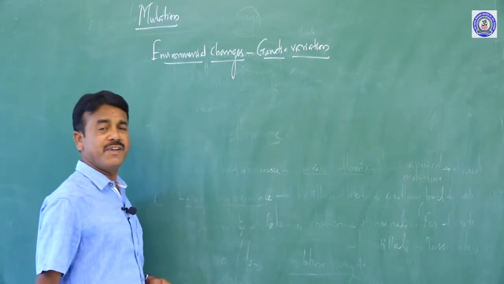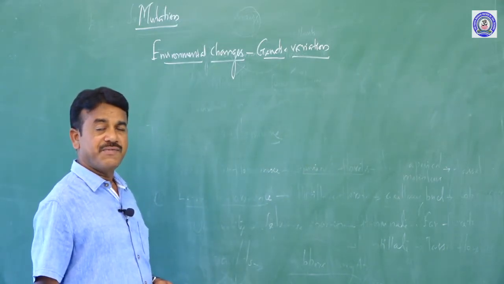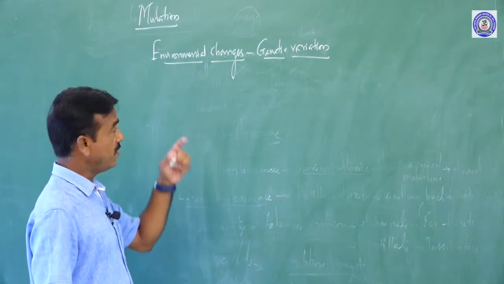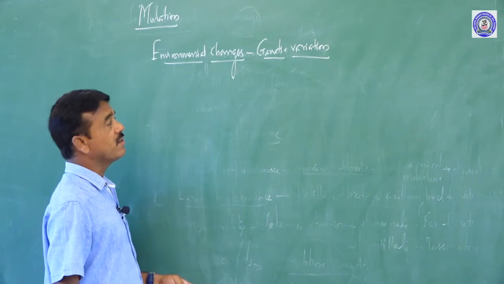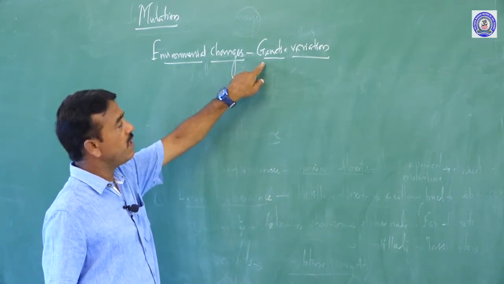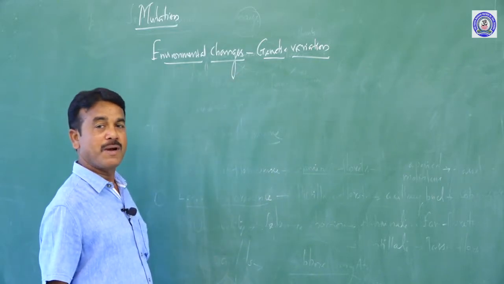So, what do they call variation? Variation is commonly called as differences that occur among organisms, but here the differences occur in the genes, which is responsible for genetic variation, commonly called as environmental changes.